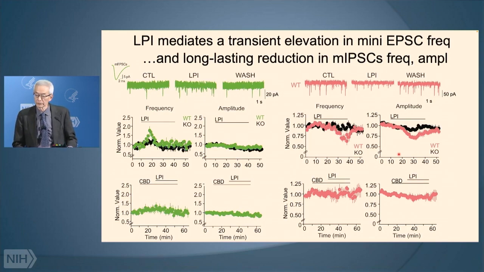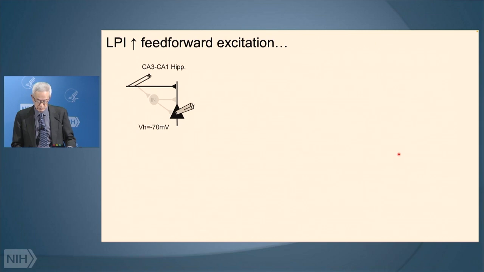So Evan then went on to study evoked transmission by stimulating the same input that led to the evoked action potentials, recording from the pyramidal neuron, but now in response to an electrical input.